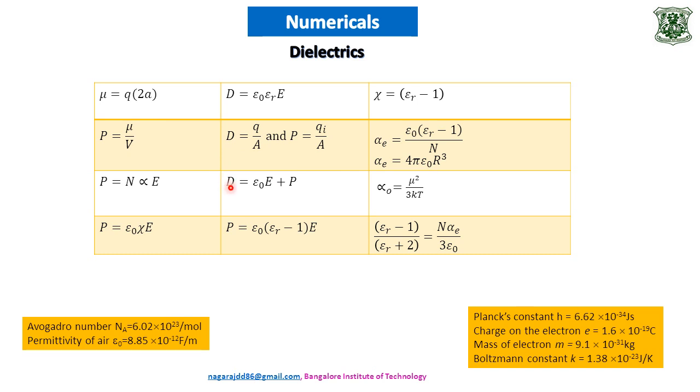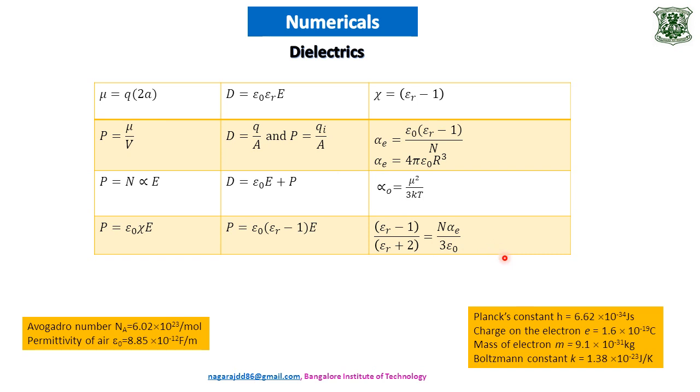And the relation between displacement vector, electric field vector, polarization vector. And P, that is polarization in terms of dielectric constant, susceptibility in terms of dielectric constant, electronic polarizability. Again electronic polarizability in terms of radius of the molecule, orientation polarizability, and then Clausius-Mossotti equations.